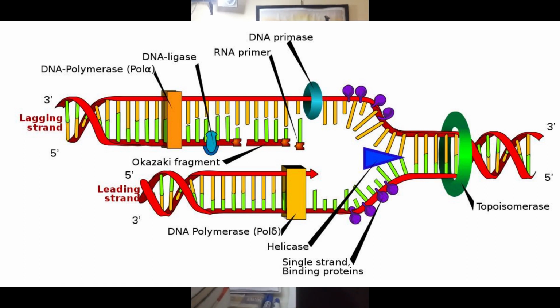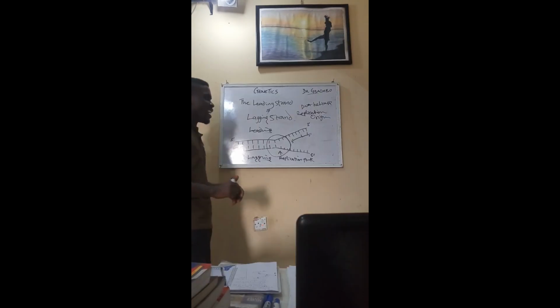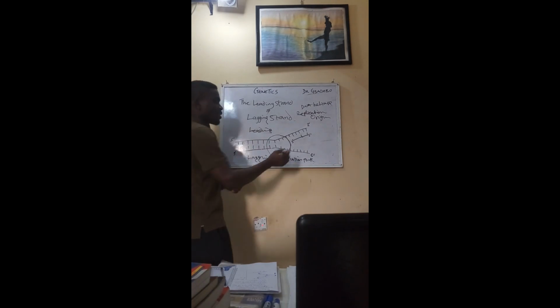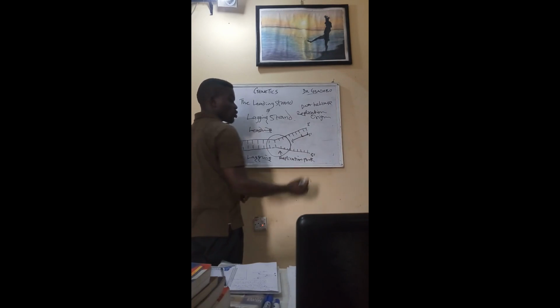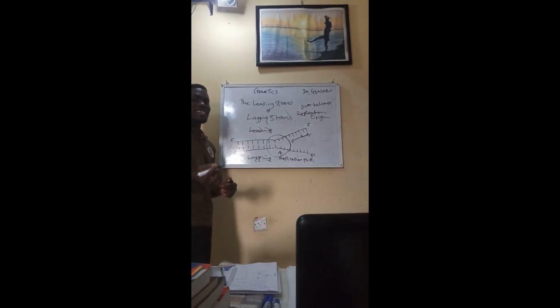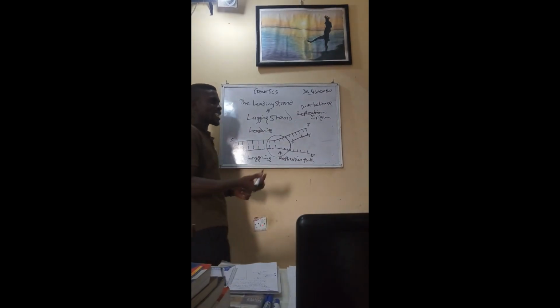Once DNA replication is about to commence, like I've explained earlier, the first thing that takes place is the construction of a primer. Let's assume this is a short primer constructed by the RNA polymerase known as primase.